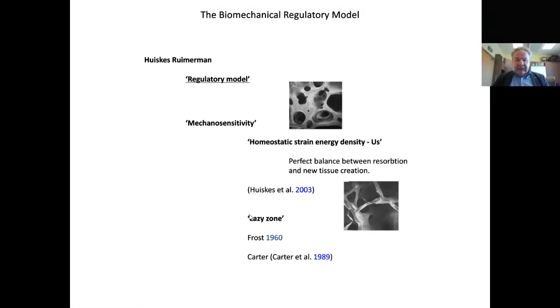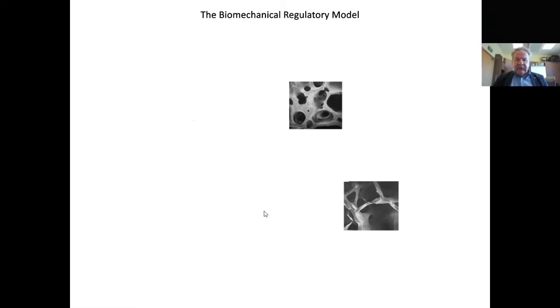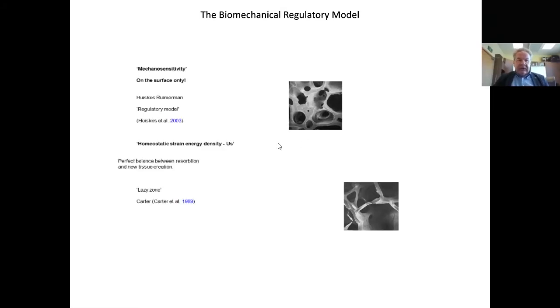But there is another assumption, called the lazy zone assumption. It means that bone is lazy in responding to change of mechanical stimulation. I will show how it works. So we have two processes: bone gain and bone loss. We have to model this.